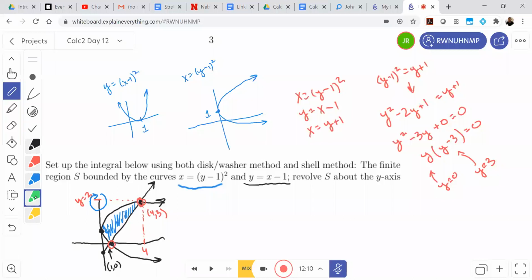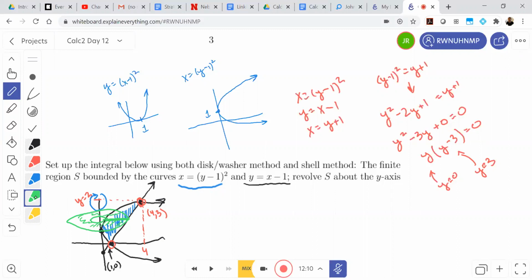The disk/washer method would draw a line perpendicular to the axis of rotation. That's going to be right here. And then as it revolved, it would sweep out this washer. Right? It would sweep out this washer. And our goal is to integrate up the area of the washer.